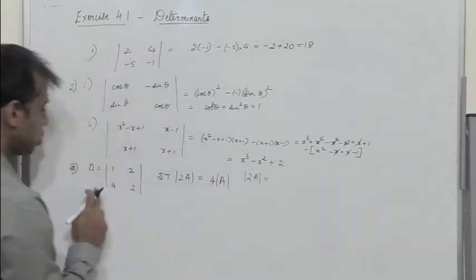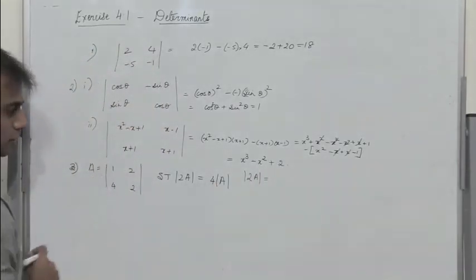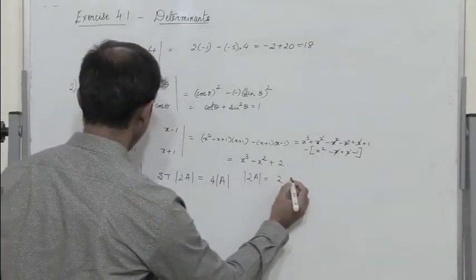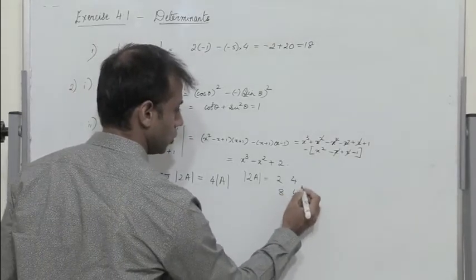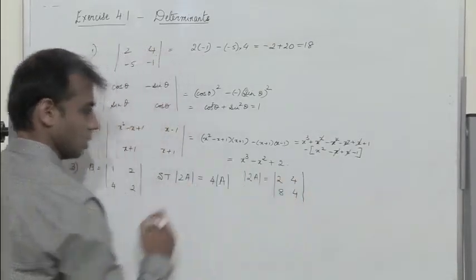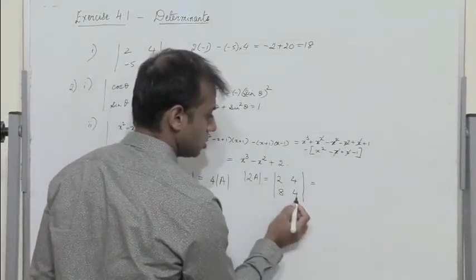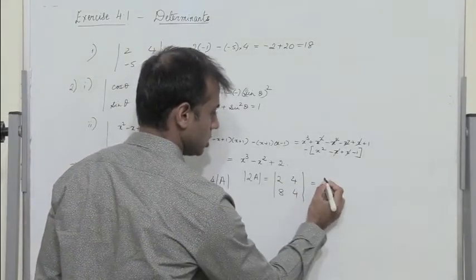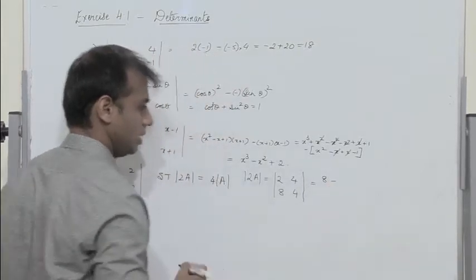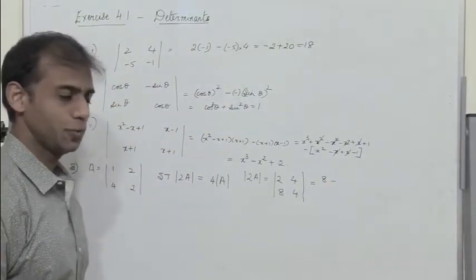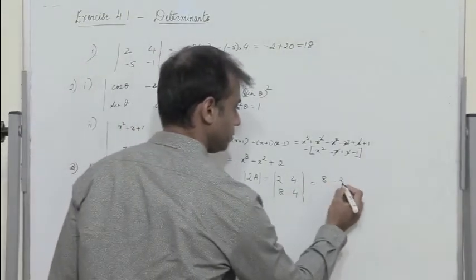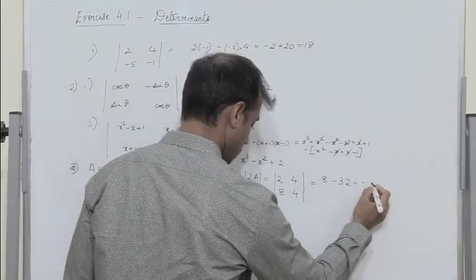I multiply 2 with all the elements of A, so I get 2, 4, 8, 4. So find its determinant. So this is 2 into 4, which is 8, minus 8 into 4, which is 32, which is minus 24.